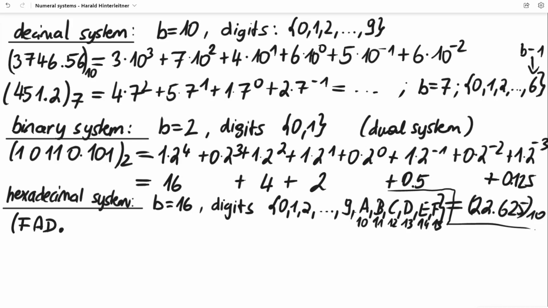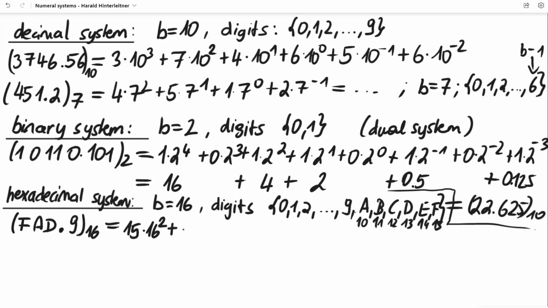FAD.9. We want to convert it to the decimal number system. And F, you look in this table, stands for 15. Then we have here 0, 1, 2, so 16 power 2.